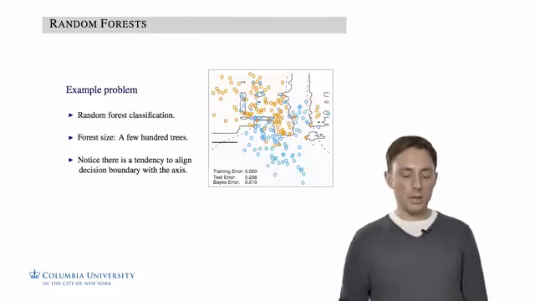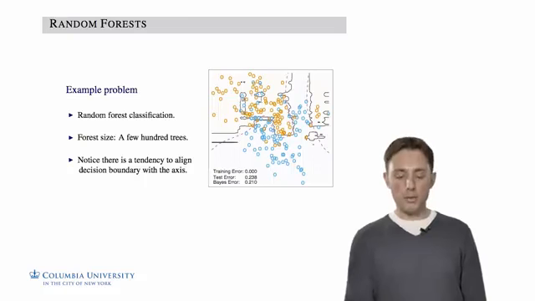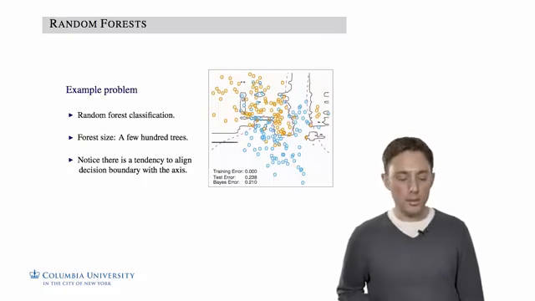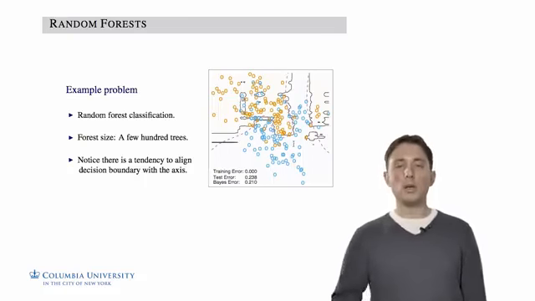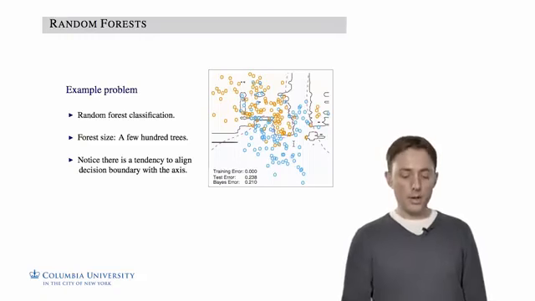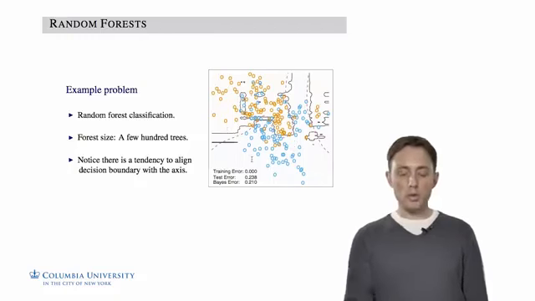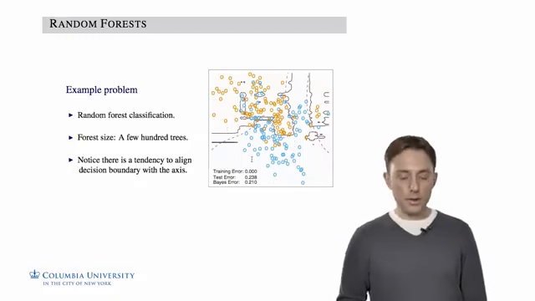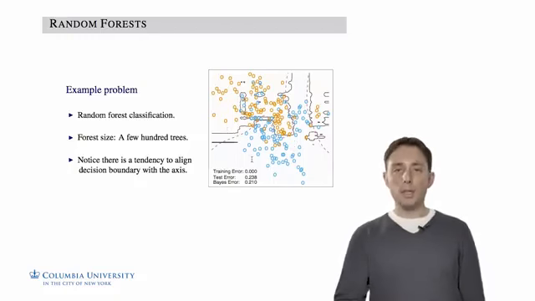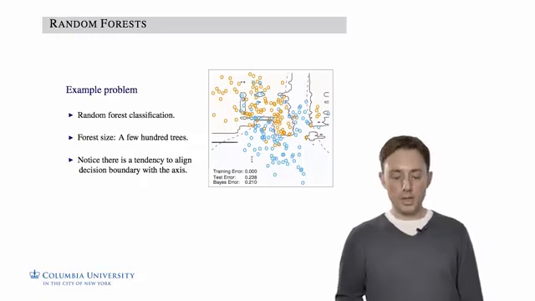Here's the final result of what we get with learning a random forest on this binary classification problem. What we did was we learned a few hundred trees from a few hundred bootstrapped data sets. And then each tree is going to make its prediction of either an orange or a blue class. We let each tree make its prediction, and then we take the majority vote of these few hundred trees to make the final prediction.